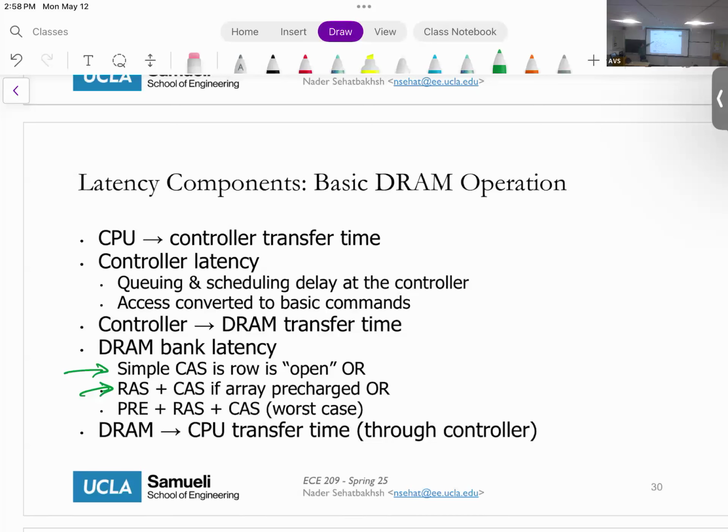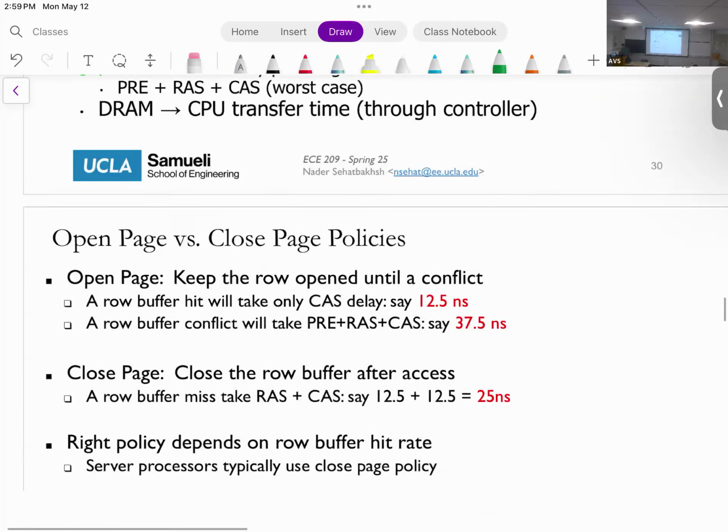So if you add all these times together, that would be your DRAM latency, okay? Which is mostly dominated by this part and to some extent this part. Your control logic also matters, and how fast you can issue commands. But mostly this is the most dominant part in DRAM latency, okay?